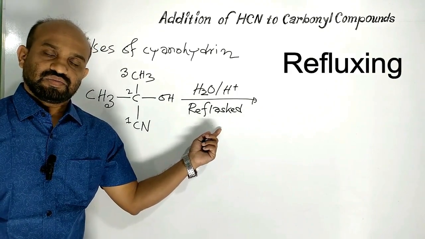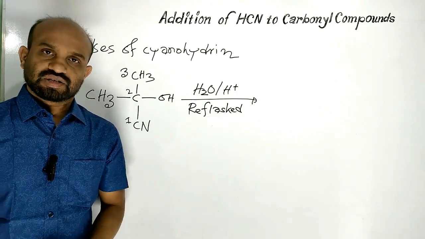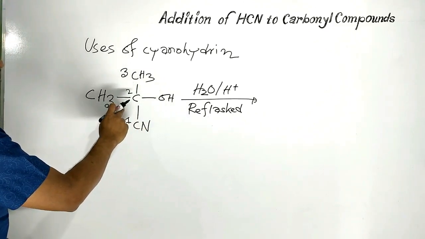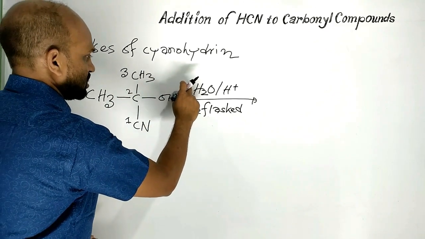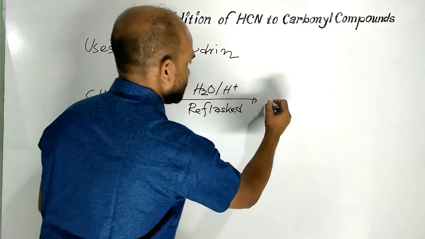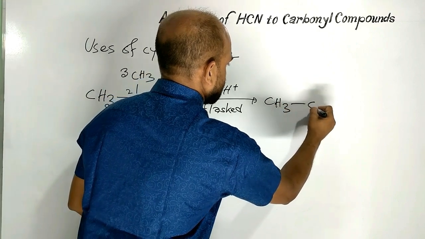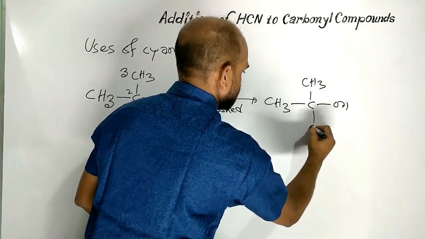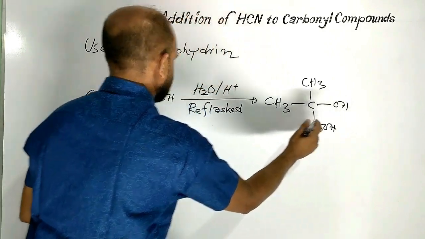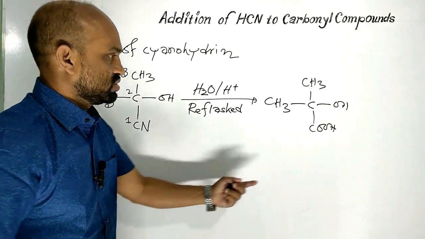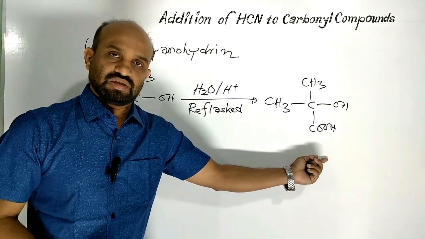refluxing is a system that makes the reaction happen. Here, when this compound is hydrolyzed and refluxed, then cyano group converts to carboxyl group. That is, cyanohydrin is converted to carboxylic acid.